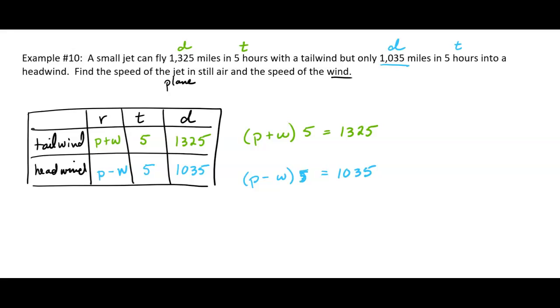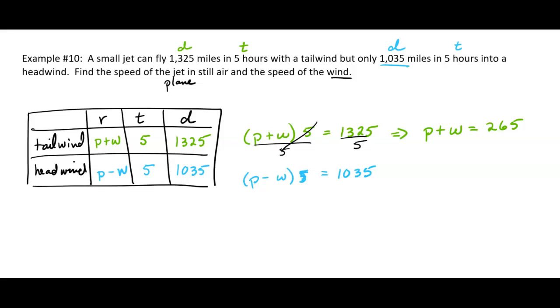Now, I said I'd show you a little trick on this problem. We kind of did it on the last one. Instead of distributing, I'm going to divide both sides by 5 to get my numbers smaller and get that 5 out of the way. You're allowed to do this; you can divide both sides by any number, as long as you do it to both sides and it's not 0. So dividing by 5, we get P plus W equals 265.